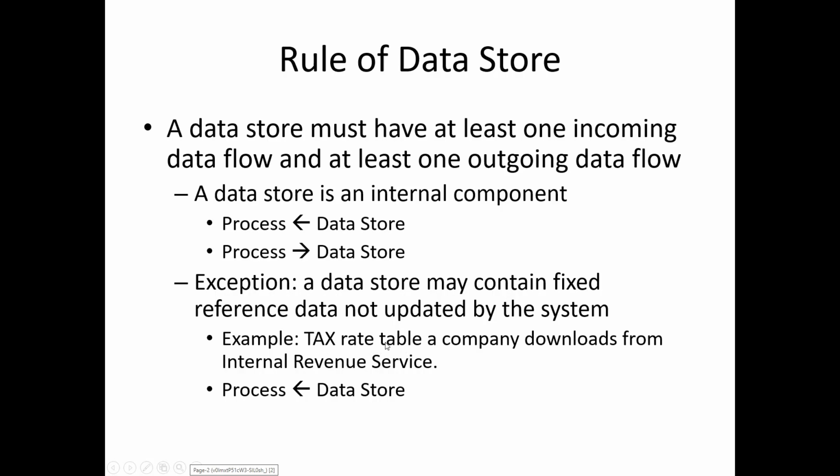This tax rate table is provided by the government, the Internal Revenue Service, and of course no company can modify this kind of information. So for this kind of example, we only see one-directional communication. That is, we have a process that retrieves information from the data store, but it is not able to update information in this data store.